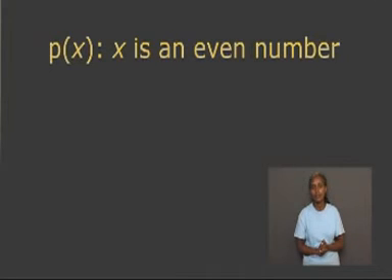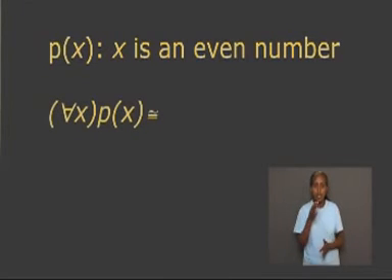Let us take the statement that x is an even number. This statement is represented by p of x. If we apply the universal quantifier to p of x, then what is the truth value of the statement?